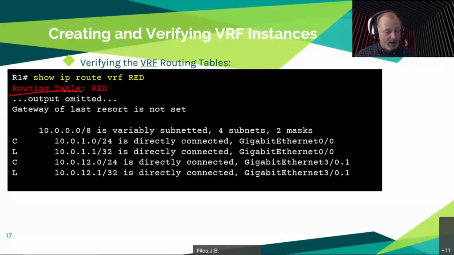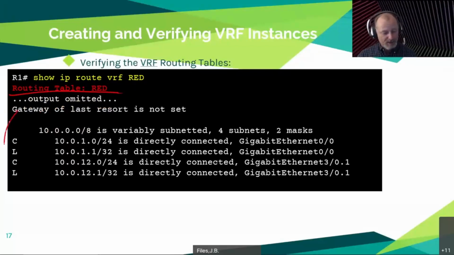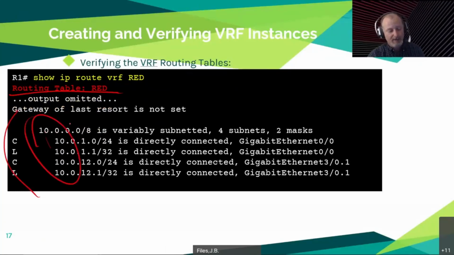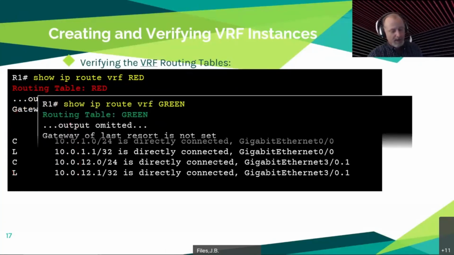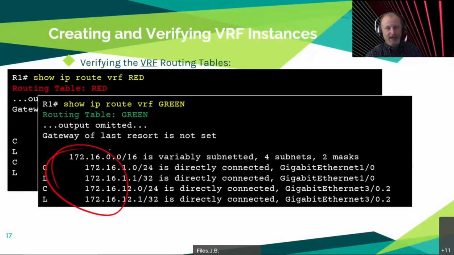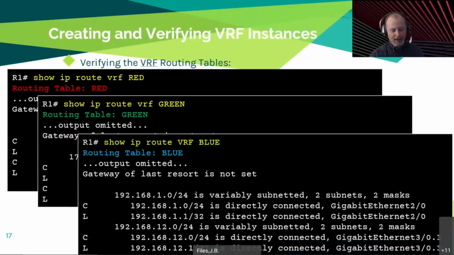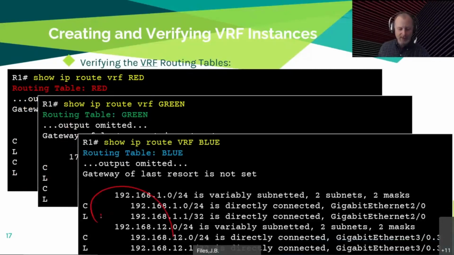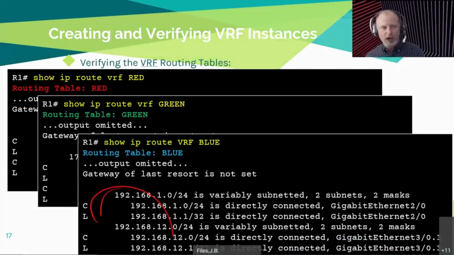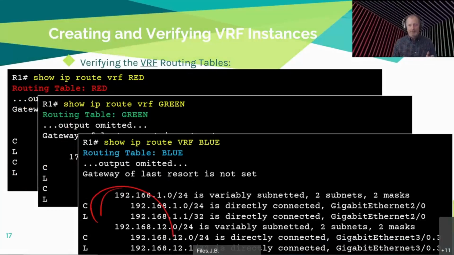It tells you routing table red and then gives you the actual routing table. We saw that the red network was the 10 dot. If we look at the green, we've got 172.16. And the blue network is 192.168. So that's R1.